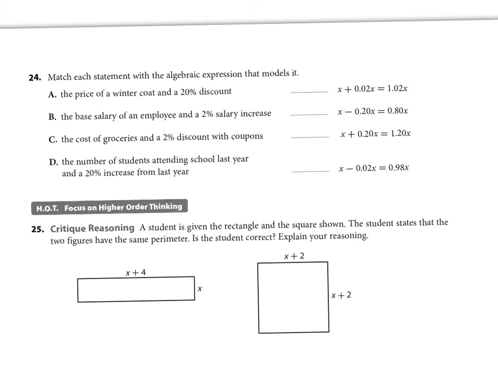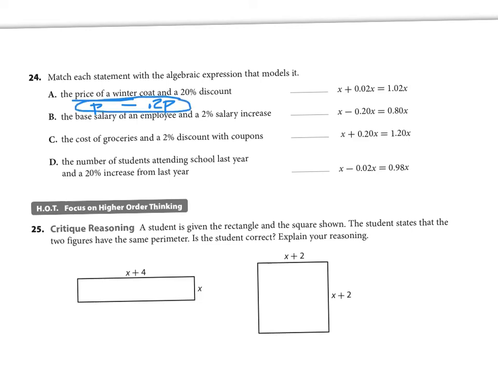I'm going to say the price of a winter coat is P and a 20% discount. Well, you don't take 20% away from that. You do 20%, which remember as we practiced, percent as a decimal is 0.2. You multiply that times the coat, and then you subtract that from the original amount. So this would be our expression right here.